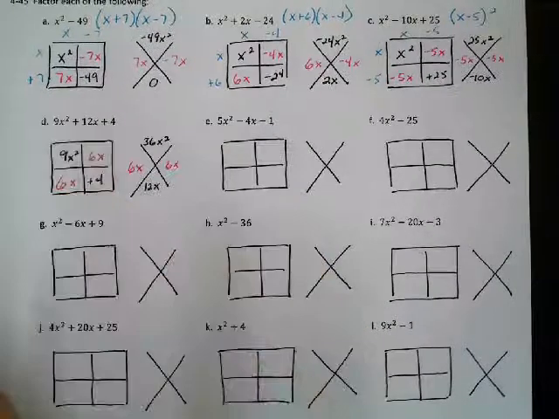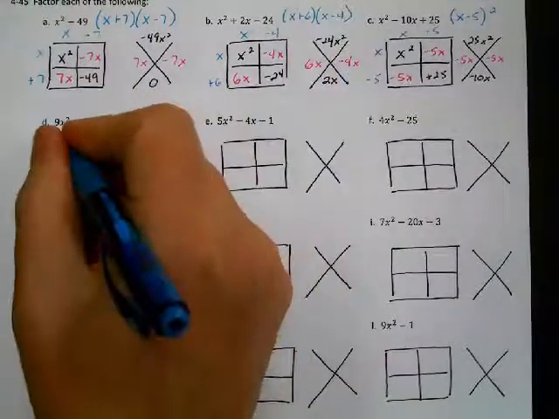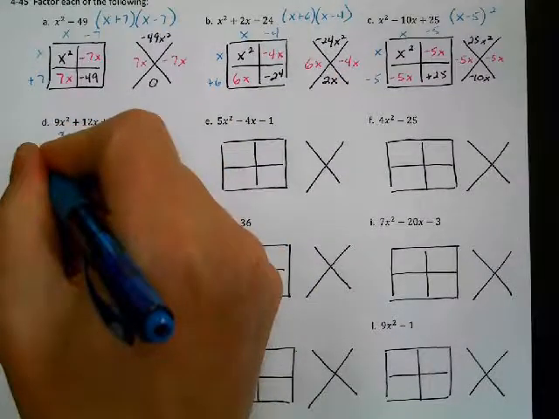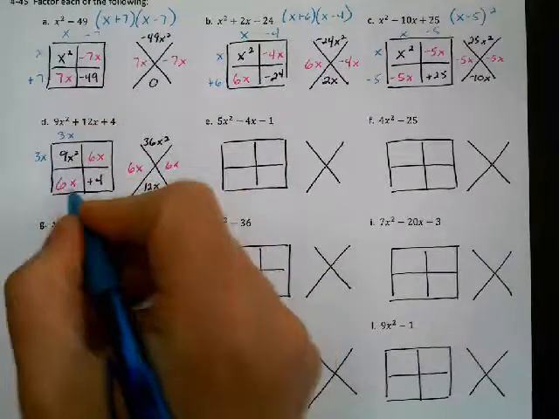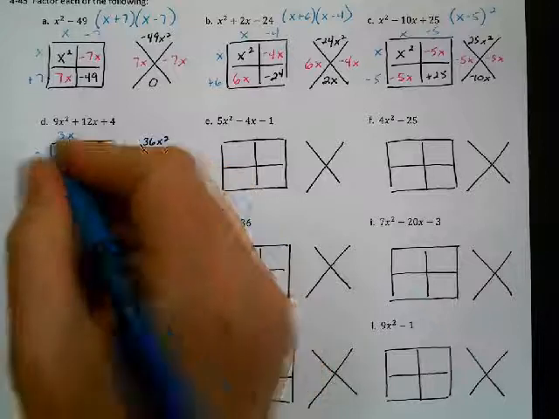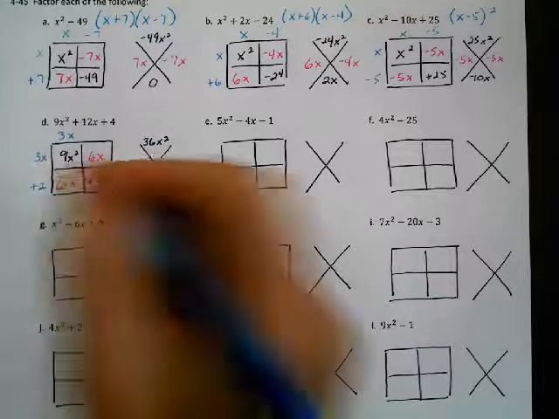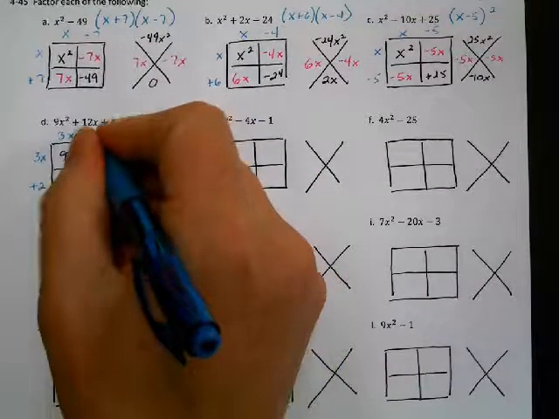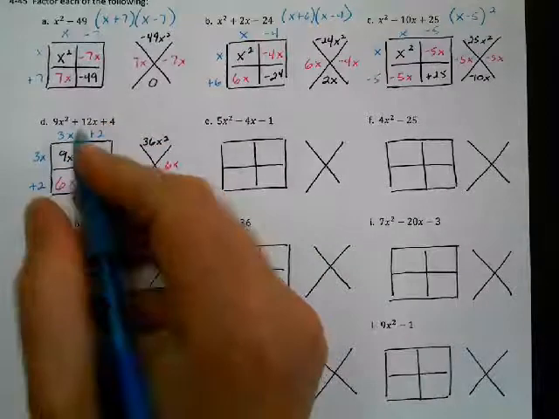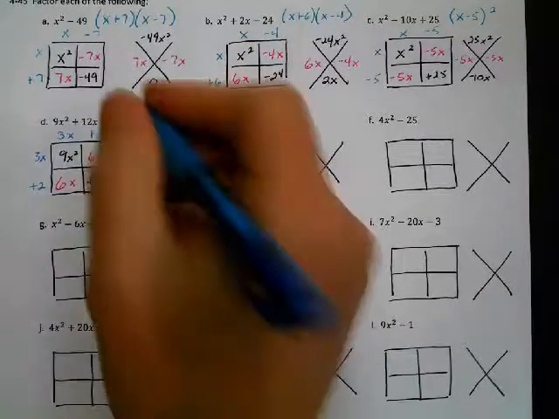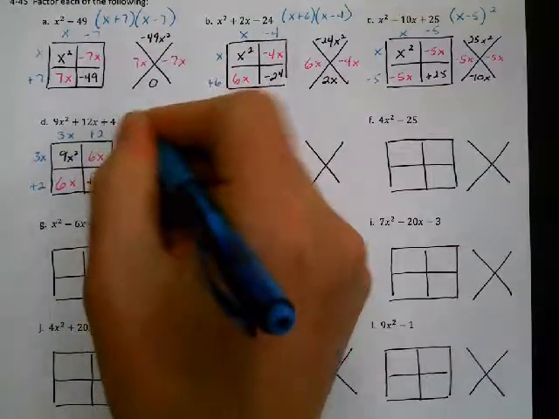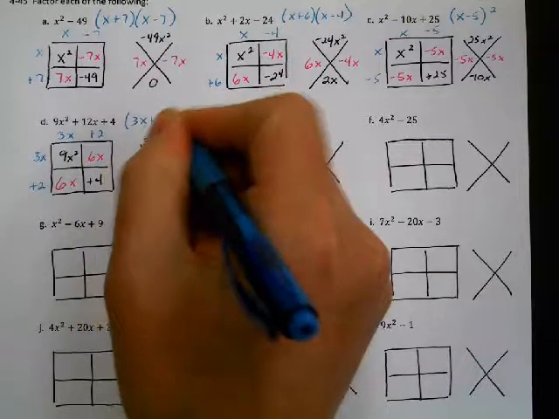I think I'm going to need to split this up into 3x and 3x. Then this number down here becomes 2. And this number becomes 2. So kind of like that last one, it's 3x plus 2 times 3x plus 2. That is 3x plus 2 squared.